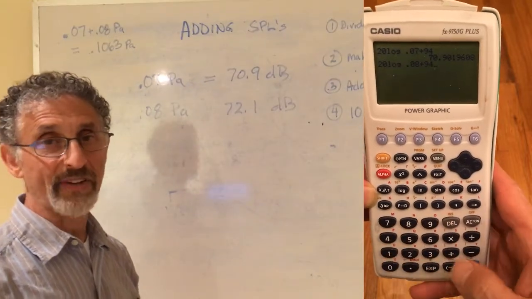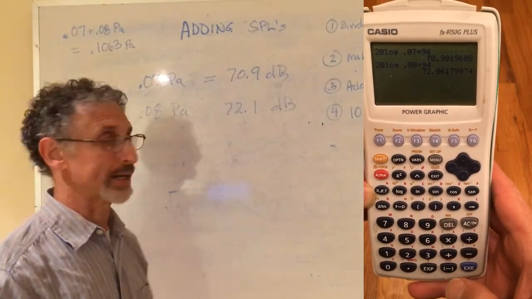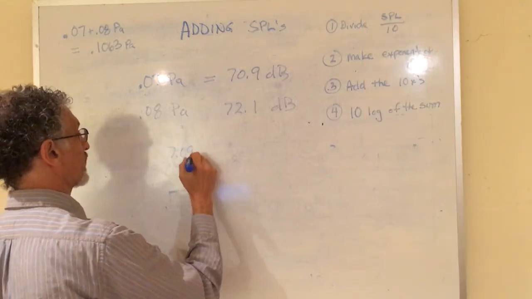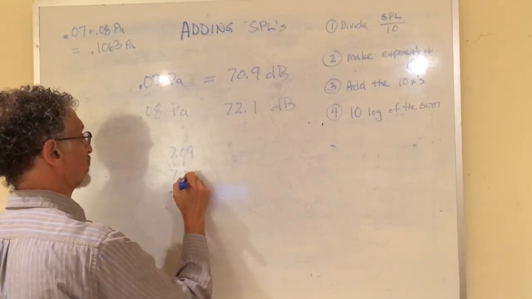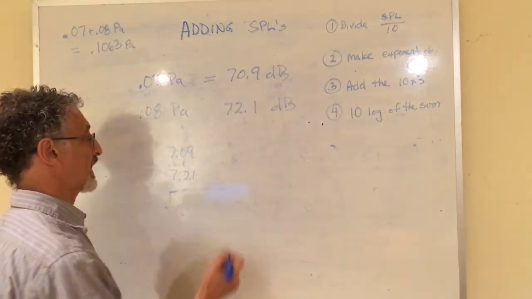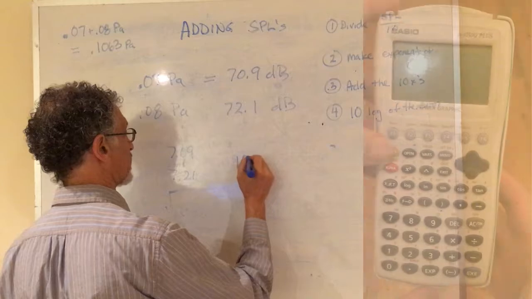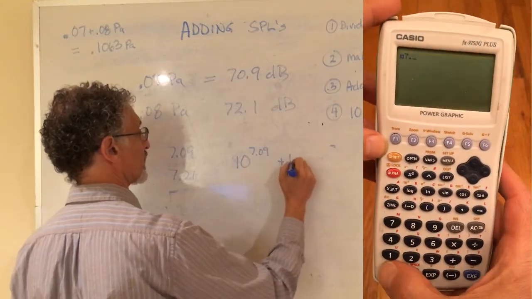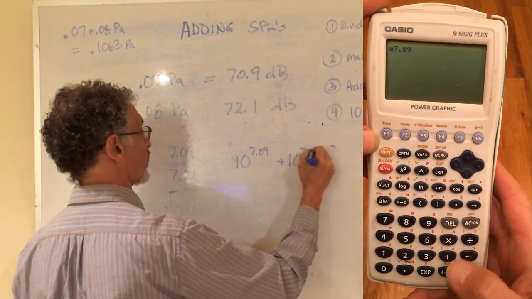Now, we need to divide the SPLs by 10. So we get 7.09 and we get 7.21. We're now going to make these the exponents of 10. So we have 10 to the 7.09 plus 10 to the 7.21.